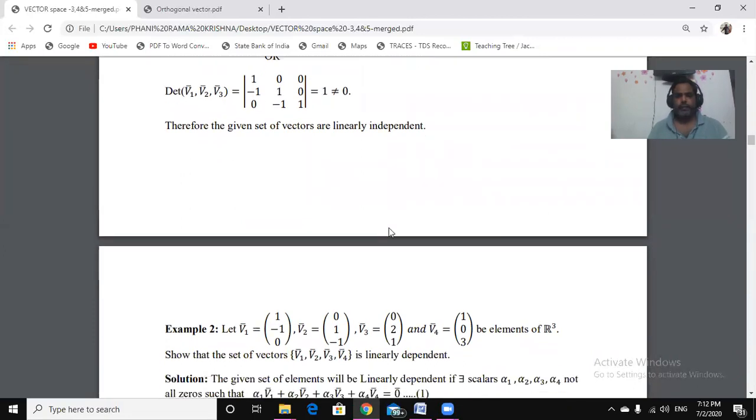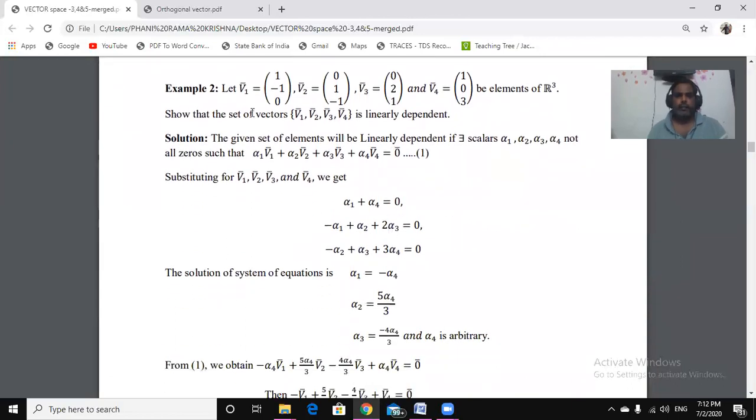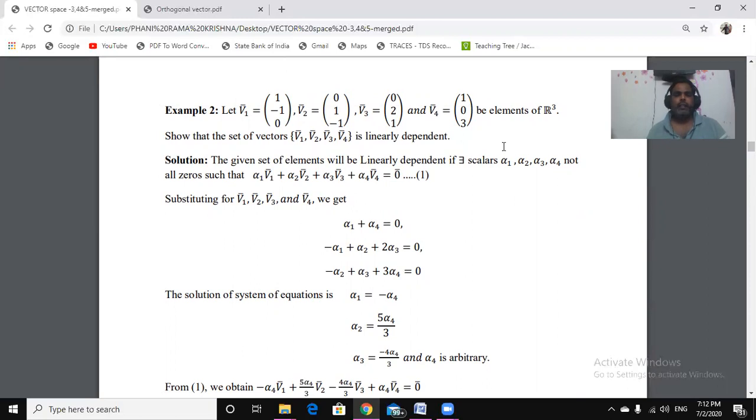This is another example where I have chosen 4 vectors in 3 dimensions. It is not possible to check with the determinant here because it does not form a square matrix. But I can use the standard definition, alpha1 v1 plus alpha2 v2 plus alpha3 v3 plus alpha4 v4 equal to 0.